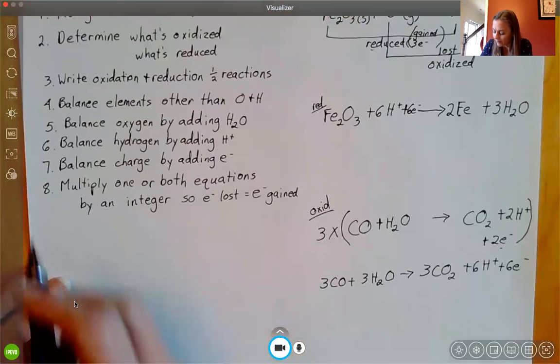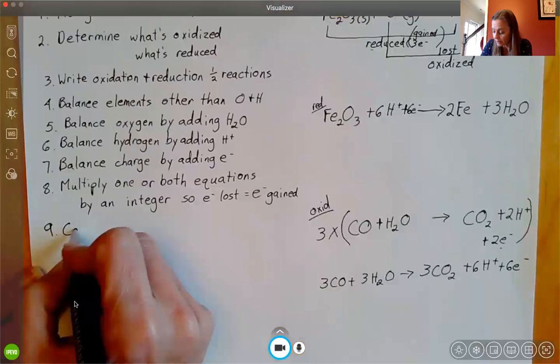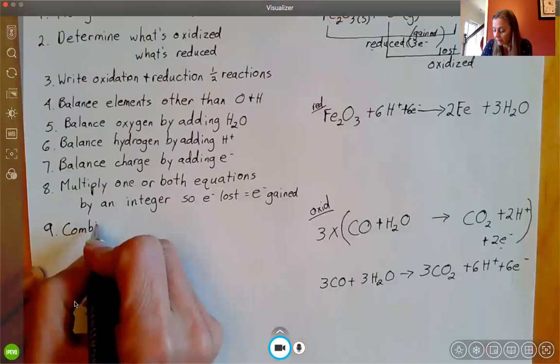So now we are going to combine the equations, combine the half reactions.